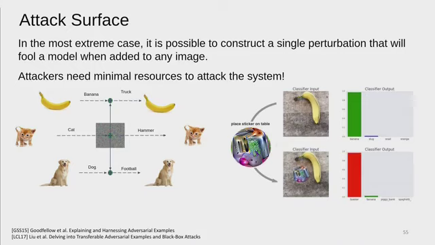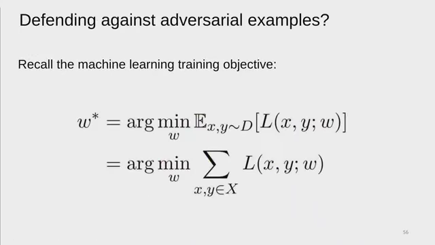All of these attack examples beg the question: how can we defend against adversarial examples? If you recall the machine learning training objective, we're trying to minimize loss across all the images that we train on. How can we defend against adversarial samples? Any ideas? Yeah?